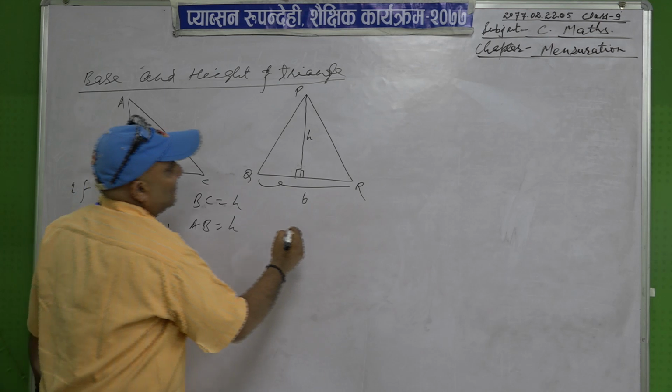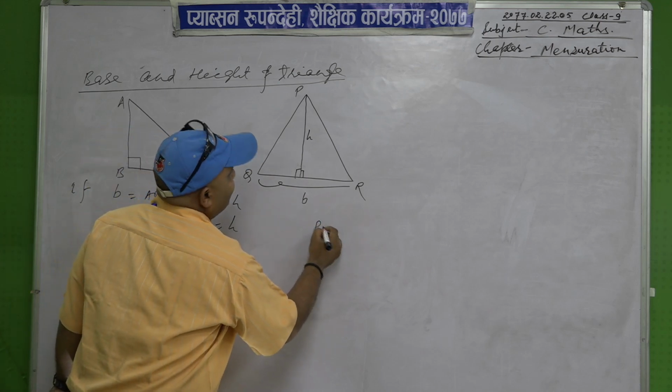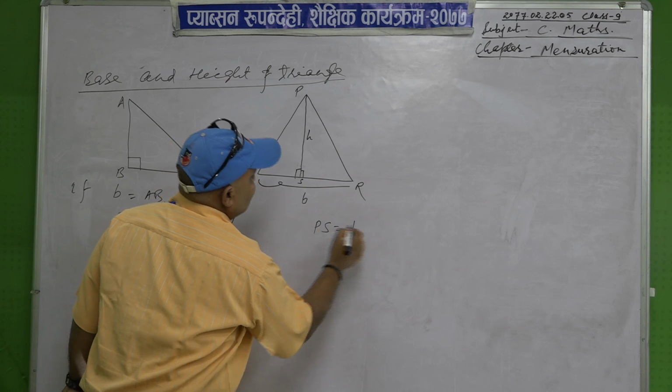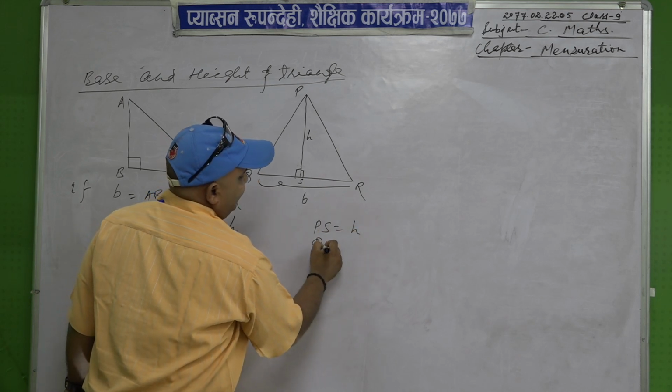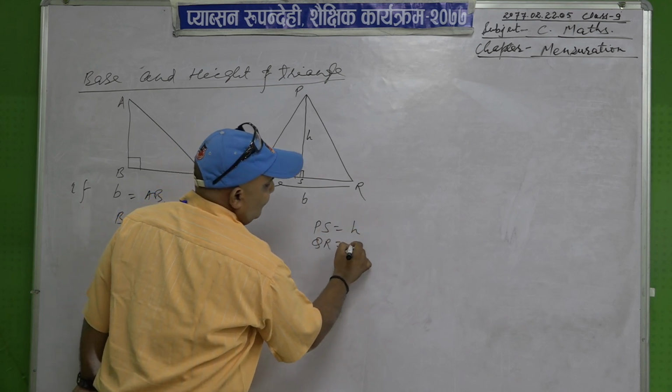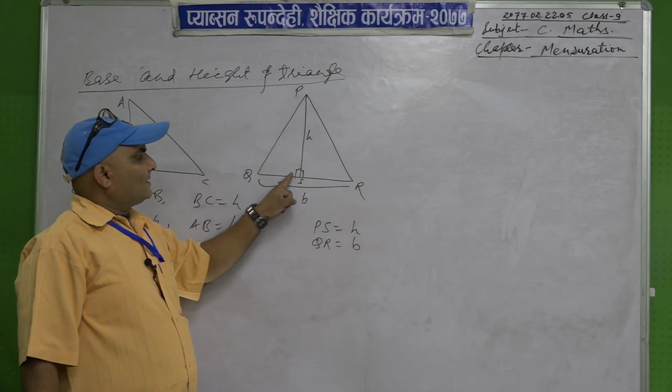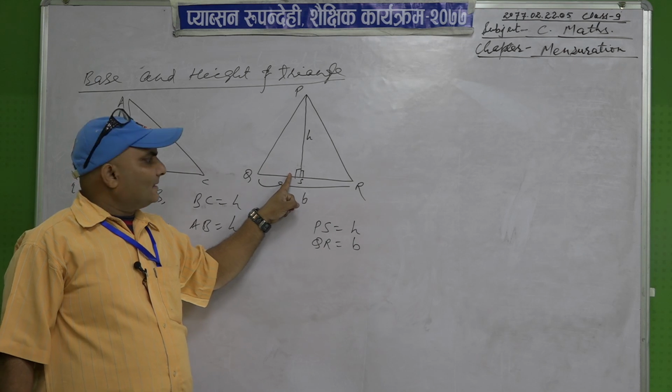In this figure, suppose this is PQRS. PS is height and QR is base. Why? Because this line makes here an angle of 90 degree.